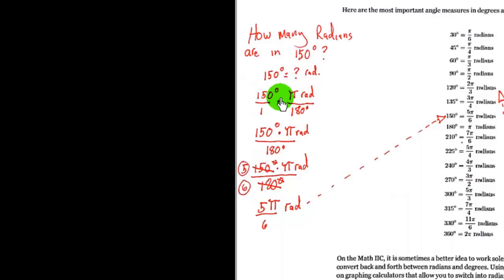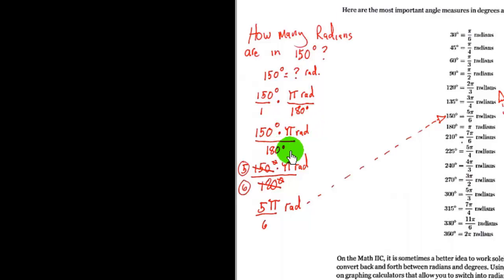You want to get rid of the degrees in the numerator, so the degrees go in the denominator. You'll end up with radians in the numerator, which is where you want it. So you make it all into one fraction, 150 degrees times pi radians over 180 degrees, because 150 degrees times pi radians in the numerator becomes that. And then 1 times 180 degrees is simply 180 degrees.